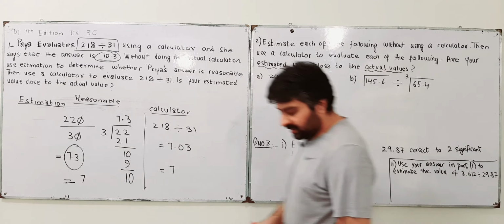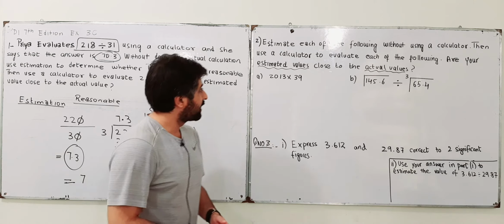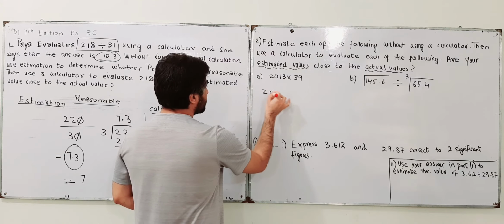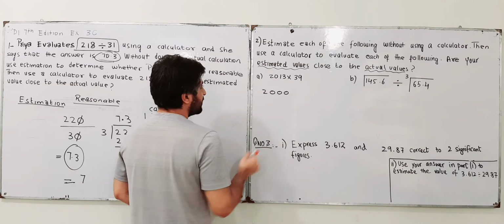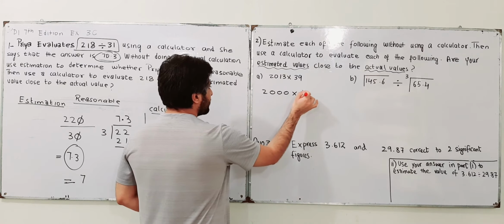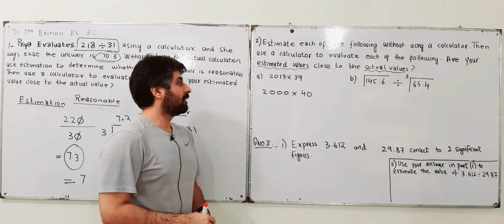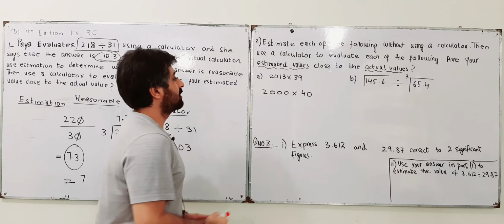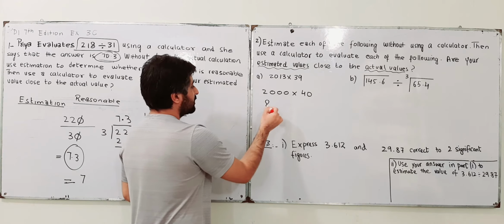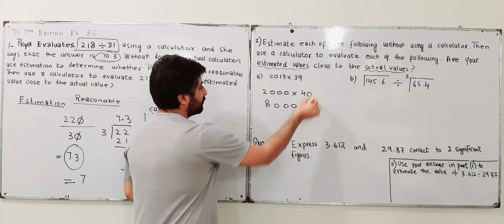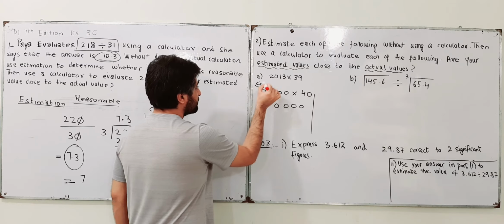Now 2013, I can round it off to the nearest 1000 as 2000, while 39 can be written as 40 to the nearest 10, and now multiply them. 4 times 2 is 8, then you have 80,000 if you do estimation.